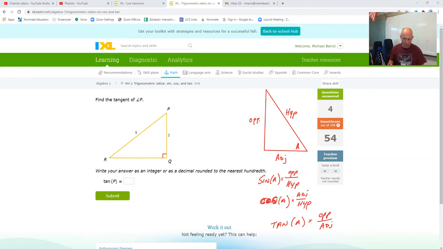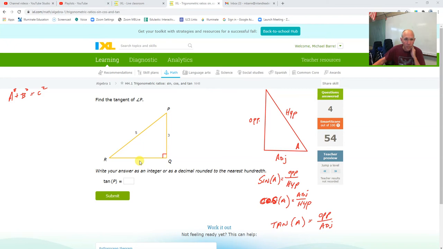So Pythagorean Theorem, we're going to get in here as a squared plus b squared equals c squared. This is a 3, 4, 5 triangle. So this guy right here, RQ, is going to be a 4.